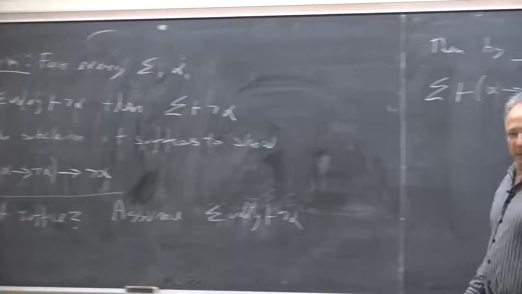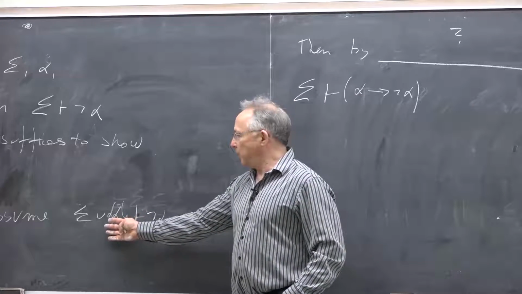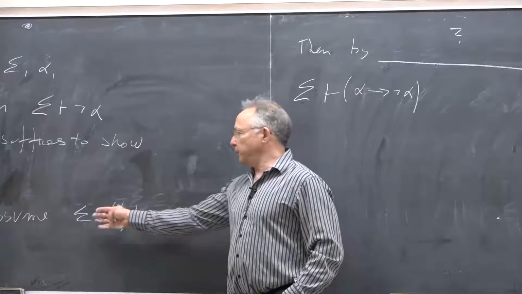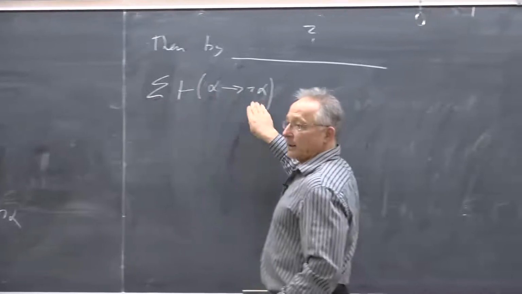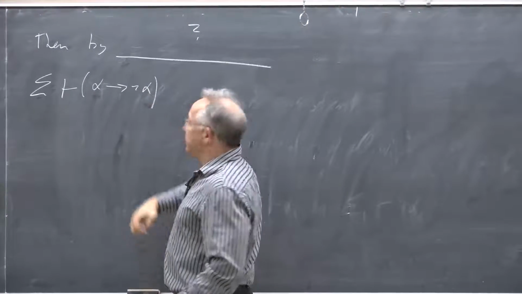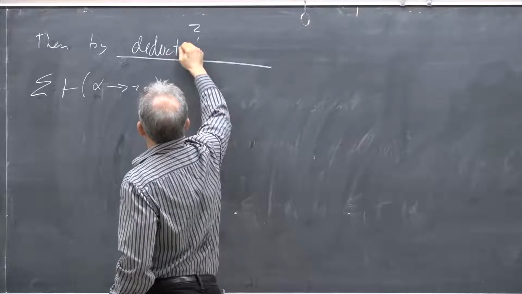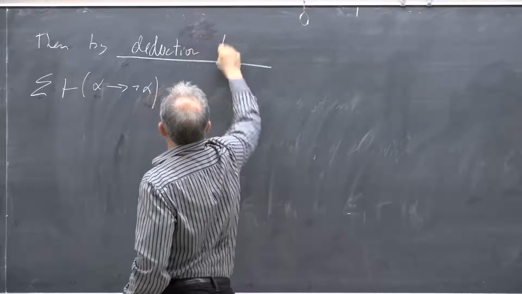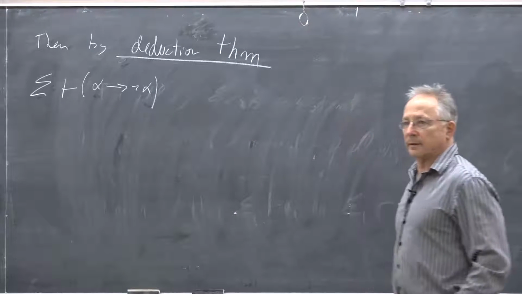You see what happened here? I had alpha as an assumption, and now I got it out of the assumptions, and I have only sigma here, and I have it at the head of the arrow. So this is the deduction theorem. We have this.